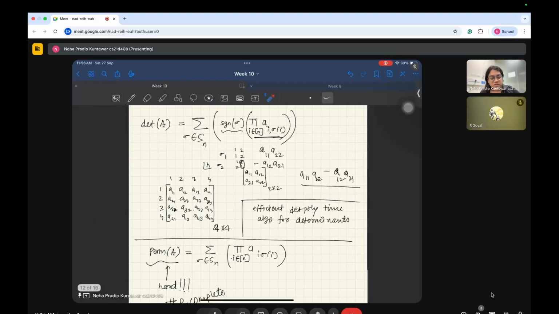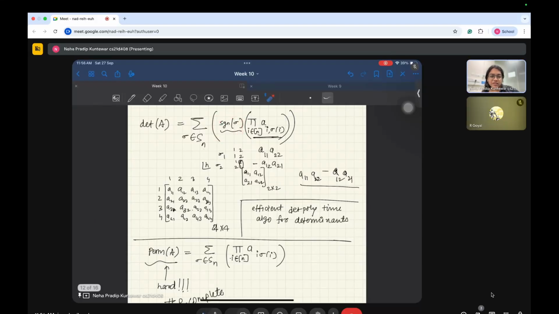Because the signs here are not arbitrary. These are controlled by what the permutation is. For a fixed monomial, the signs are already fixed. I think the answer really lies in what kind of efficient algorithms we have and why they work.